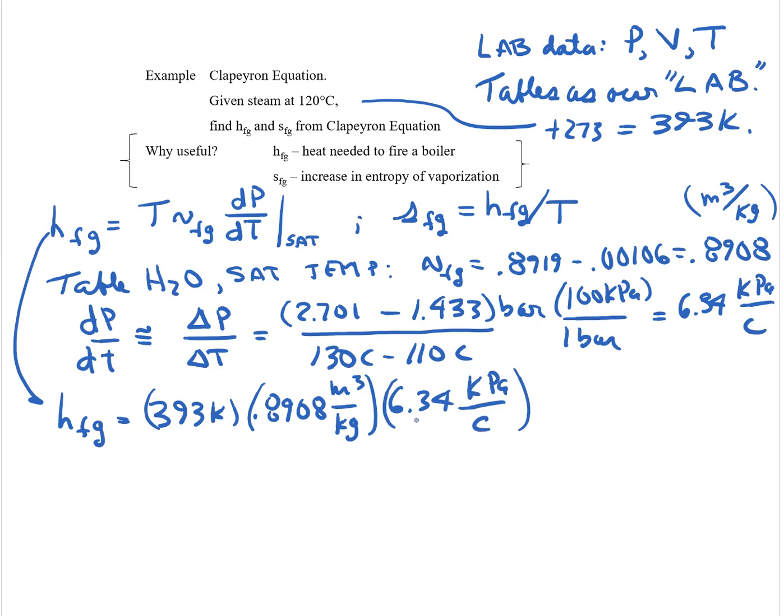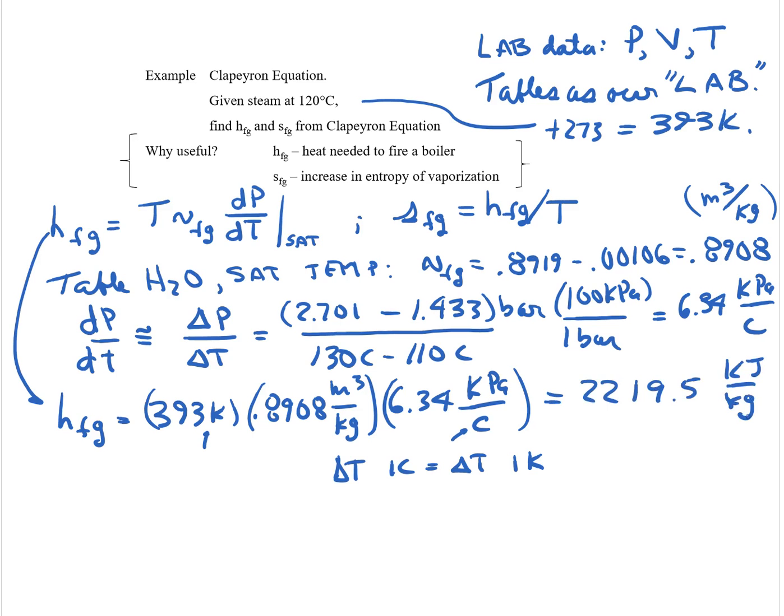Wait a minute, we've got a problem here. We've got Kelvin over there and centigrade over there. But a delta T of 1 centigrade is equal to a delta T of 1 Kelvin. So those are okay. Those cancel out. I'm going to get 2219.5 kilojoules per kilogram.